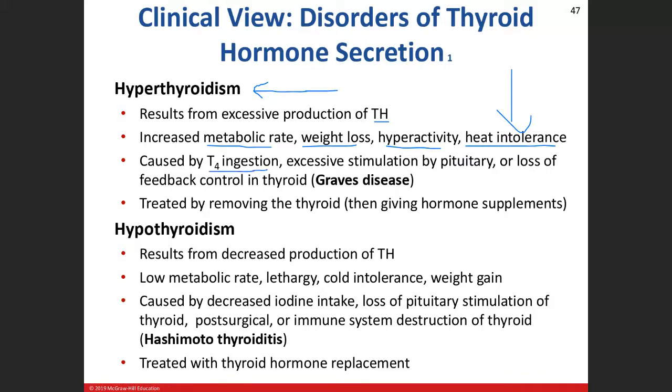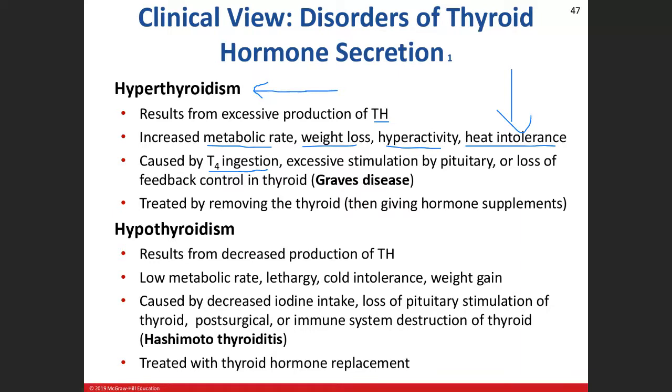So this could be caused by too much T4. Or your pituitary gland can be constantly stimulated, whether it's from the hypothalamus or maybe there's a tumor. A pituitary adenoma could cause that, a growth on the pituitary gland, which stimulates the release of TSH, thyroid stimulating hormone.